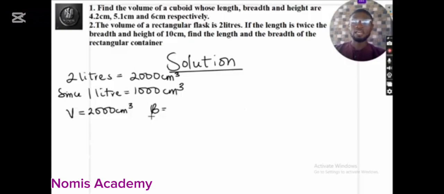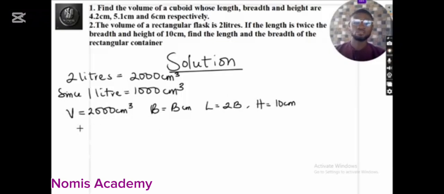The breadth is b centimeter, and the length is twice the breadth, that is 2 multiplied by b. The height given is just 10 centimeter.